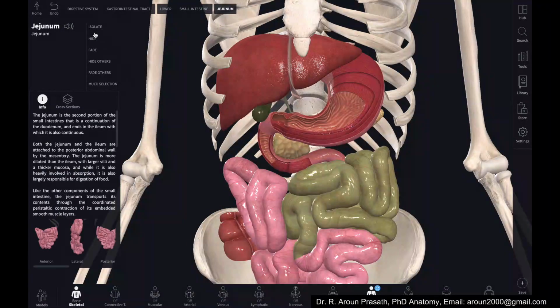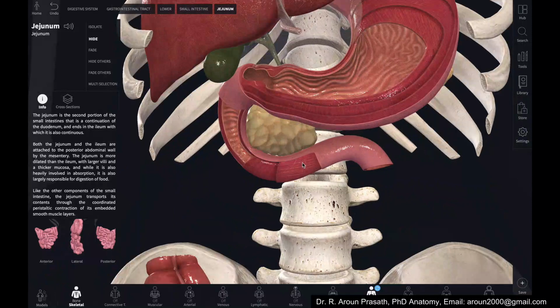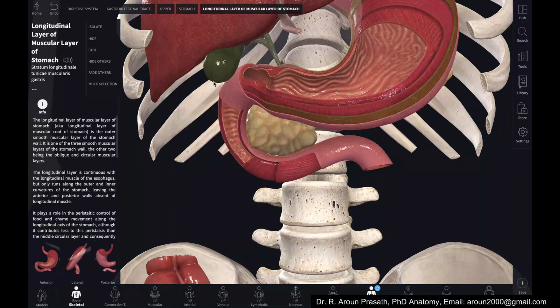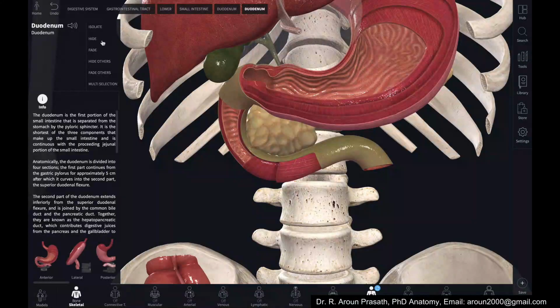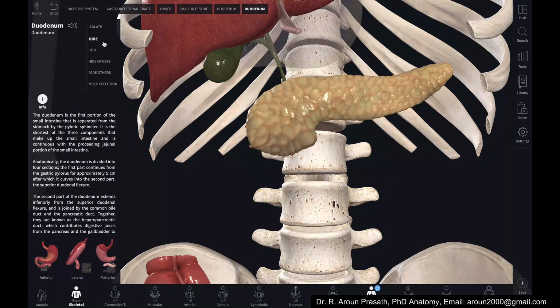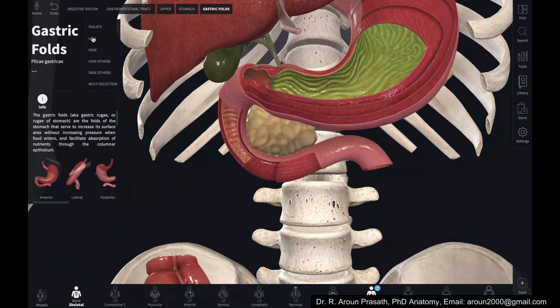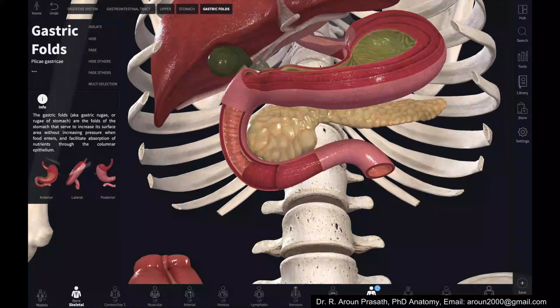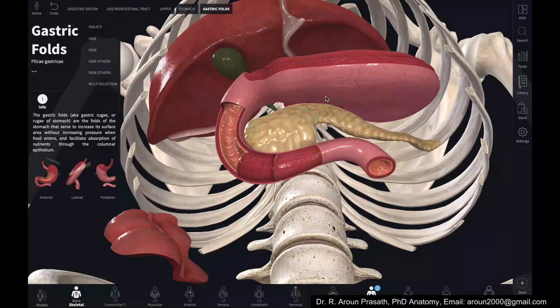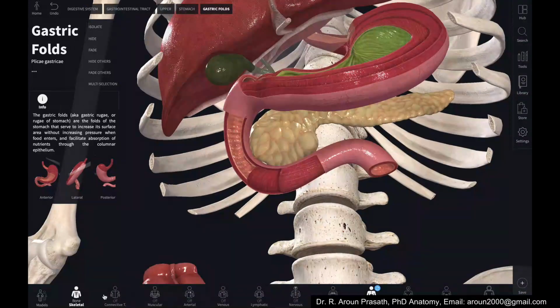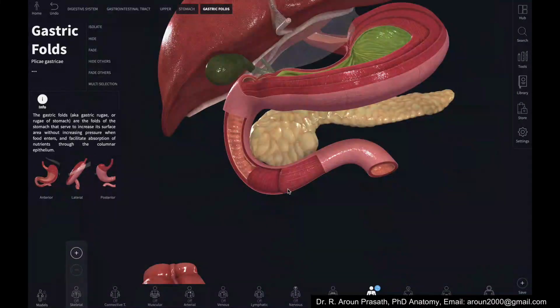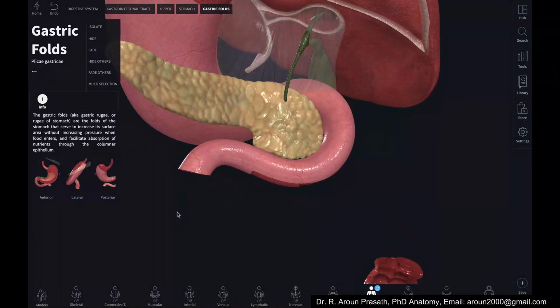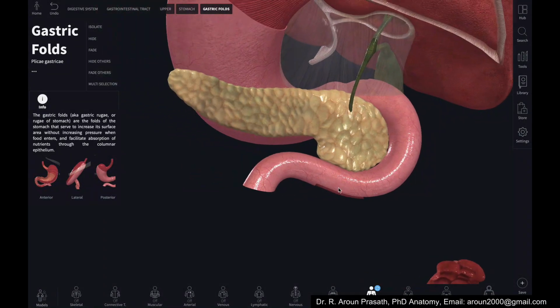The pancreas is a leaf-like organ. You can see here that the pancreas has a head, body, and tail. This is the head. I turned the pancreas.